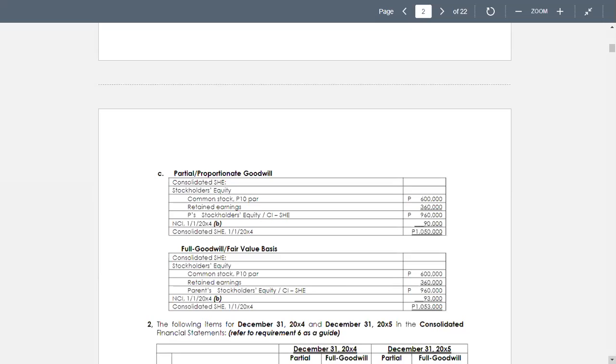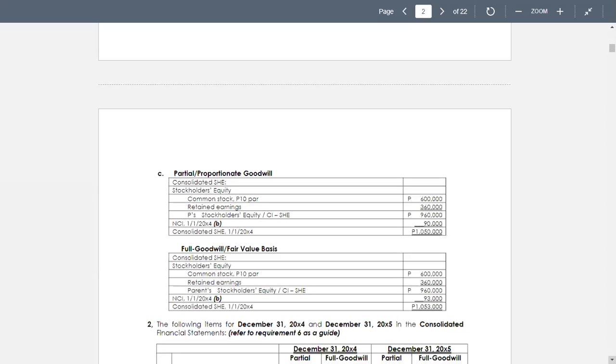And the other option is to compute for the consolidated shareholders' equity by using the full or the fair value basis goodwill. So again, we add common stock, 600,000. We add retained earnings, 360,000. And we add the non-controlling interest in letter B above.